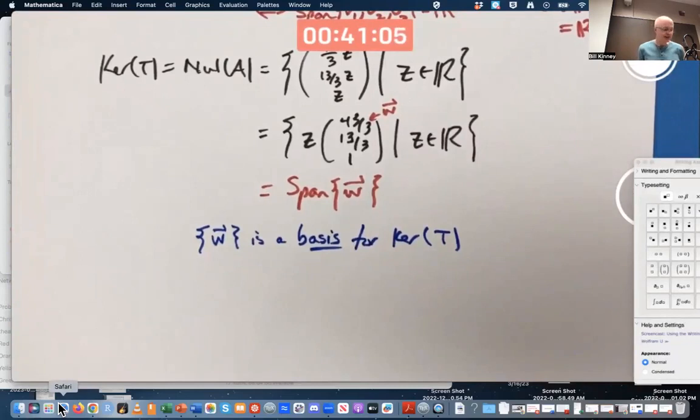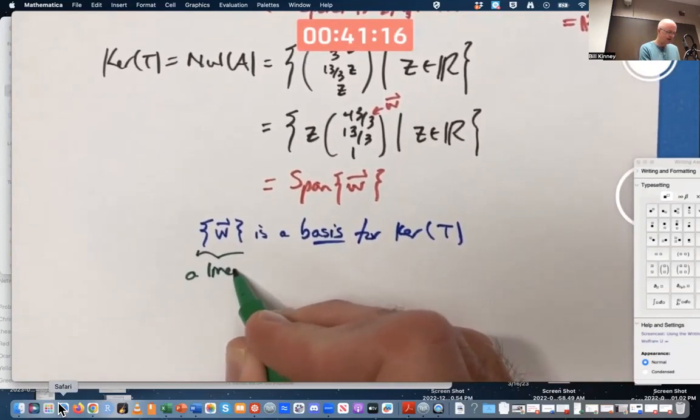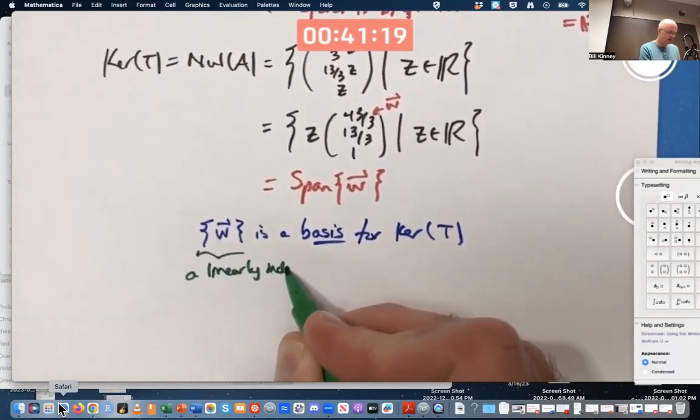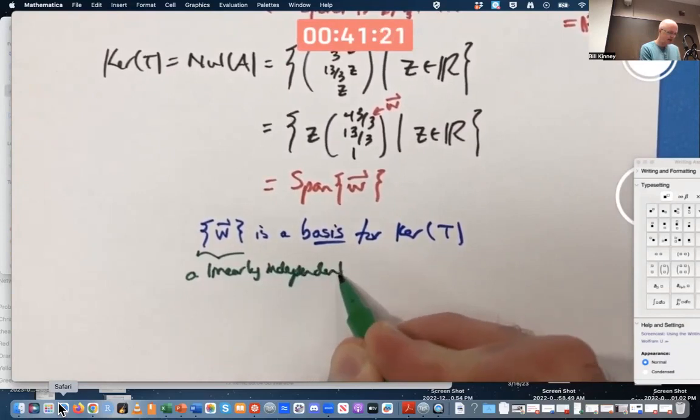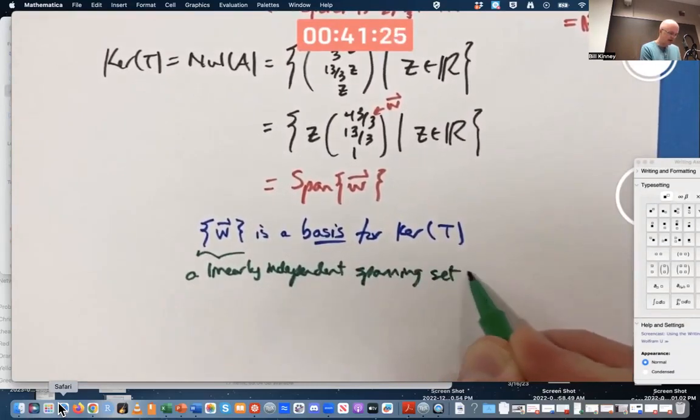For another thing, it means it's a linearly independent spanning set of the kernel.